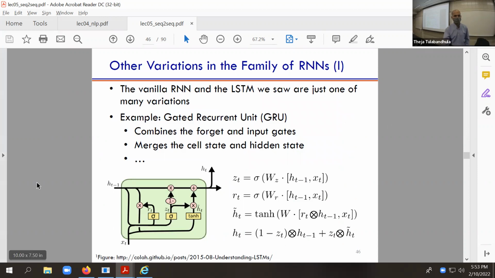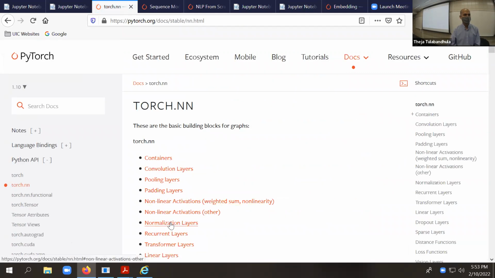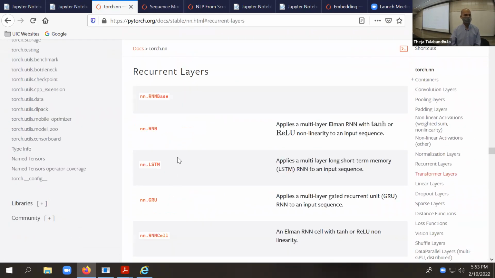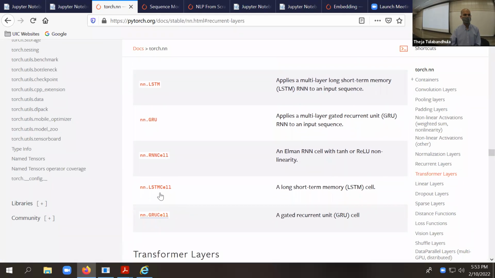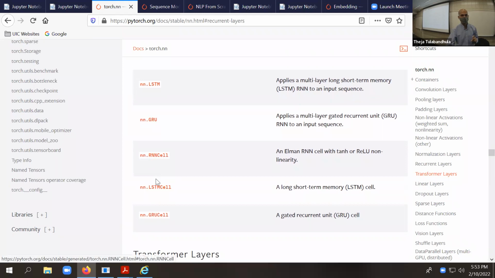I will skip other variations. This slide is talking about something called the gated recurrent unit, which is also quite popular. If you look at recurrent layers, GRU is also there, so basically RNN, LSTM, and GRU, and we have seen RNN and LSTM here. These implementations automatically do the multiple calls to your green cells. Although in the lecture we've been talking about the green cell only, if you only want the cell, then it's the cell versions.